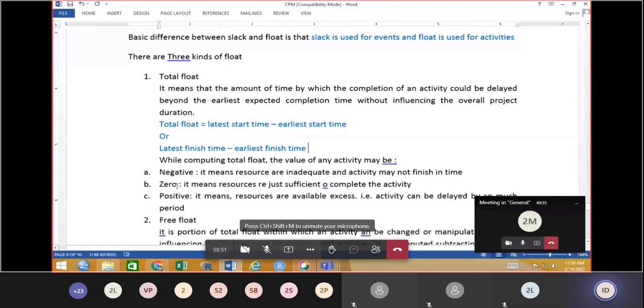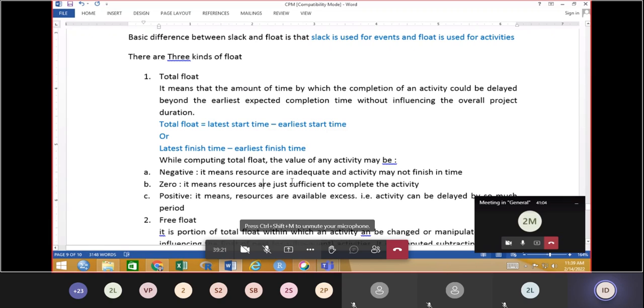Zero means resources are just sufficient to complete the activity. That is, no excess material, no excess raw material, no excess inventory is required here.